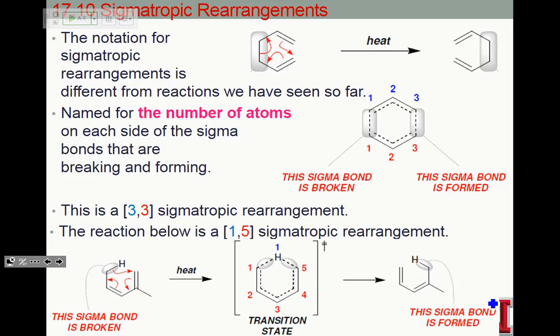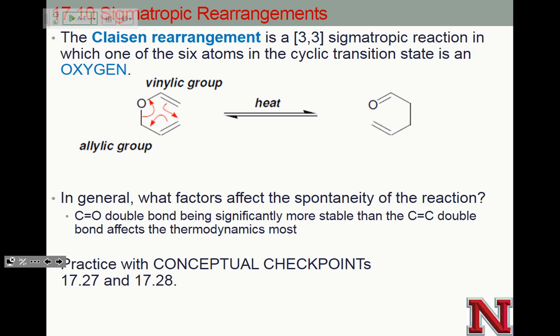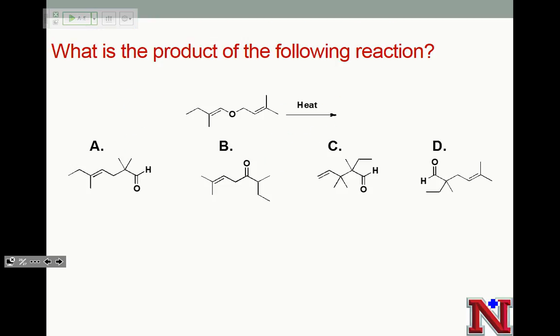So notice that the arrow is not pointing to the hydrogen, and it's absolutely not coming from the hydrogen. It's always coming from the bonds, either the sigma bond or the pi bonds. It's not coming from an atom, it's not coming from lone pairs in all of these reactions. Same thing here. The base of the arrow is on either a sigma bond or a pi bond. It's not on lone pairs. It's not on an atom. For all of these mechanisms. So you should be able to draw these mechanisms.